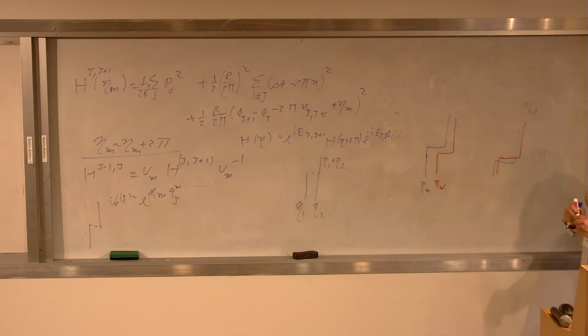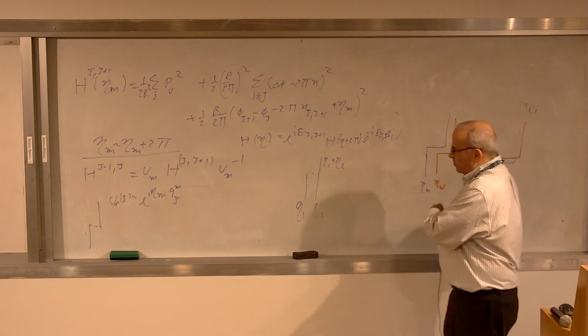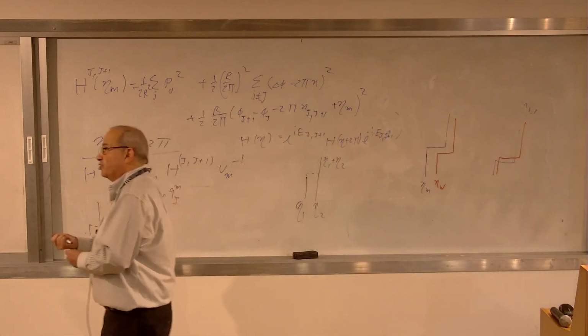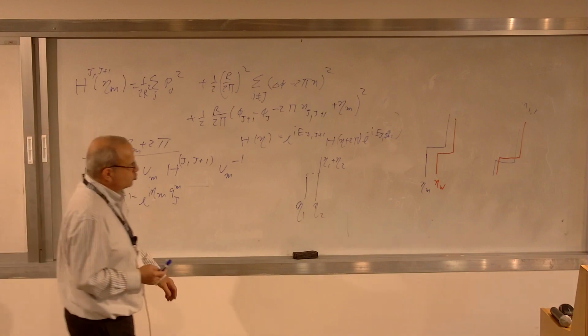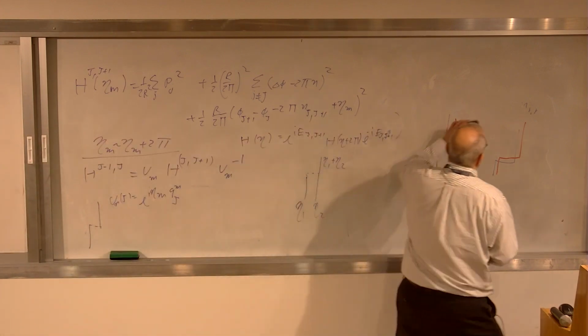Could slide them in two different orders. And if we think of that as different trivializations of the same gauge field, we should get the same answer. Because what we did was to change the places where the transition functions are, but we are going to do that in two different orders.